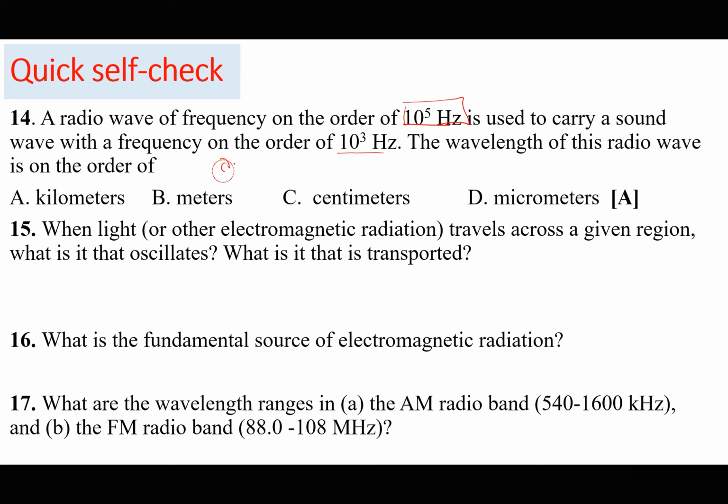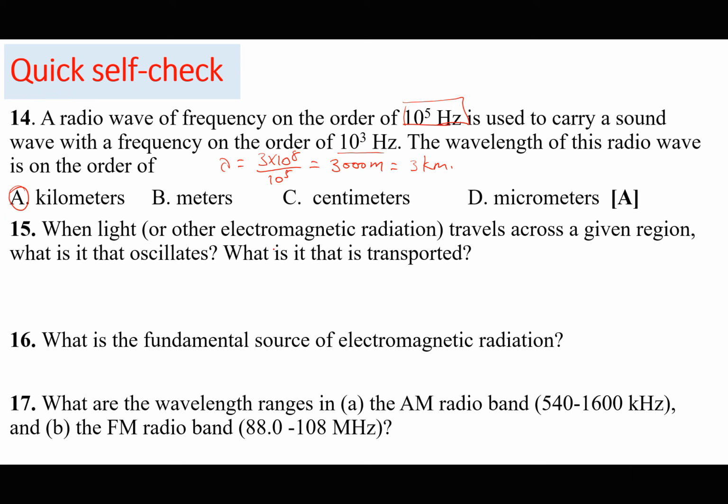So the wavelength is the speed, 3 times 10 to the power of 8, divided by the frequency, 10 to the power of 5. So this is 3,000 meters, which is the same as 3 kilometers. So this one is of the order of kilometers.